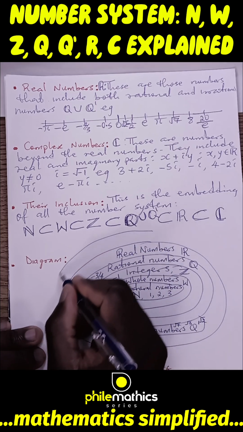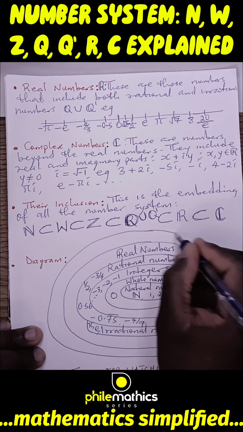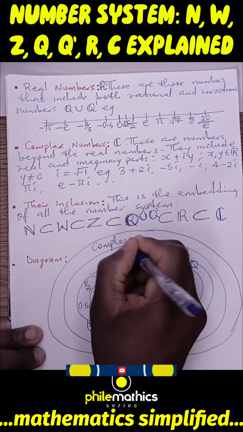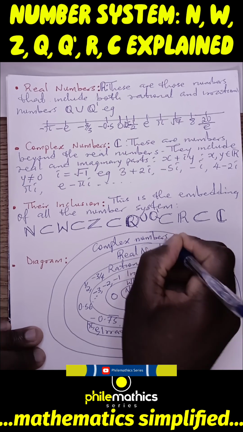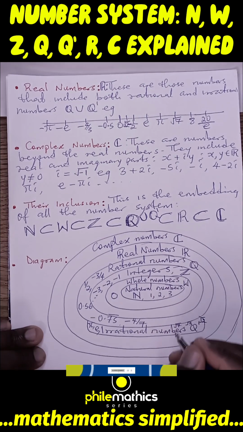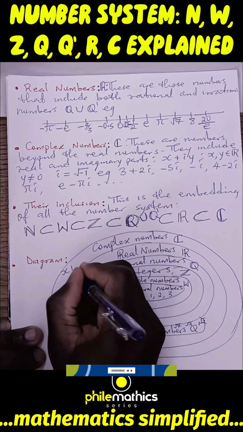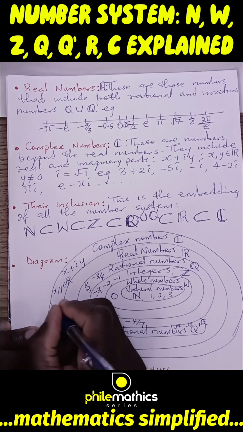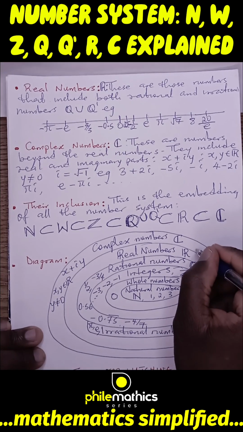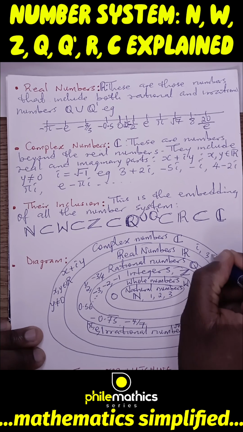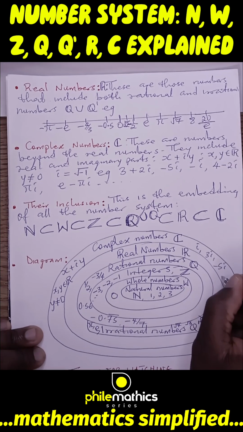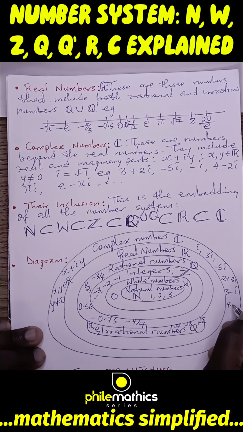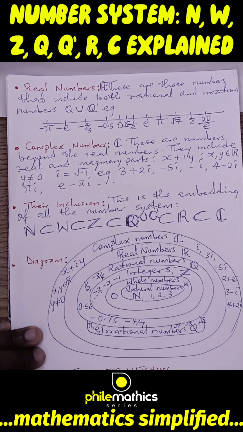And finally are the complex numbers, with symbol C with a vertical line. They are numbers in the form of x plus iy, such that x and y are from real numbers and y is not equal to 0. And so examples are i, 3i, minus 5i, 2 plus 3i, 3 minus i, 4 plus 2i, and the rest.